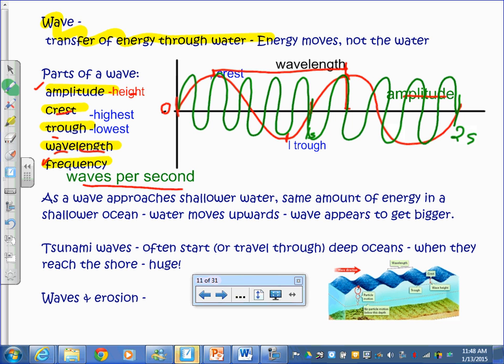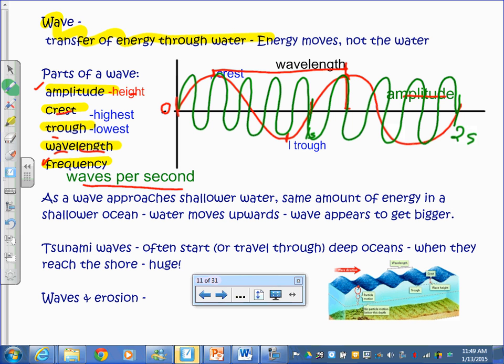So when you talk about sound, a higher frequency is a higher pitch. A lower frequency is a lower pitch. What if the sound is louder? What's different then? Yeah, if it's louder, what's different is how high it is.